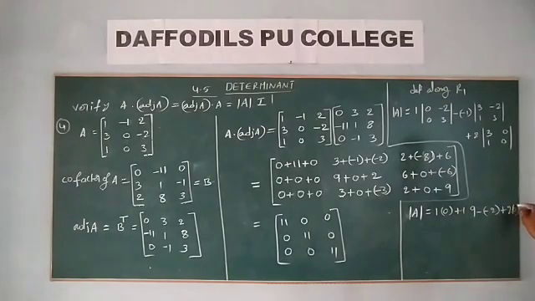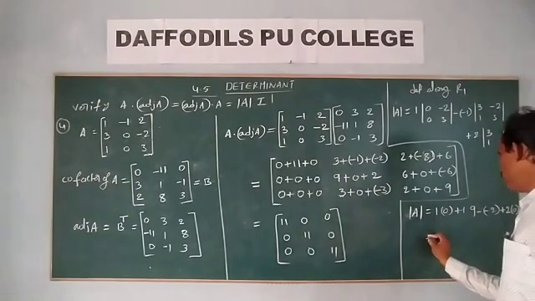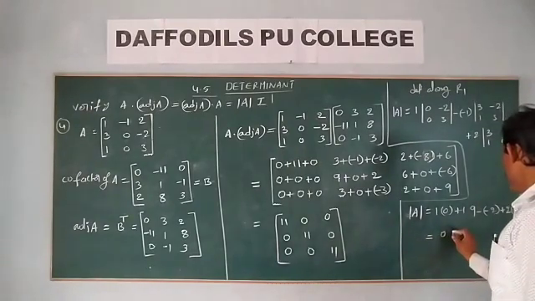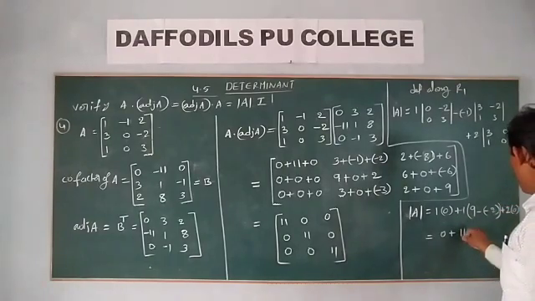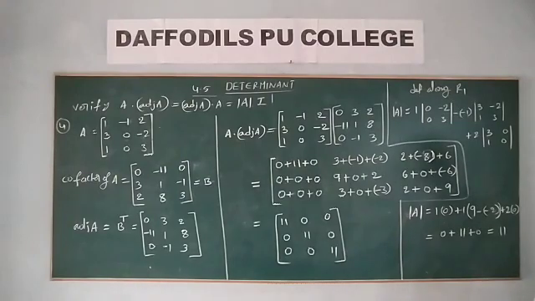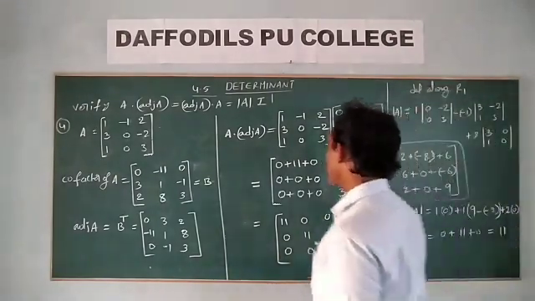Therefore 2 of 0. So 0 minus plus 11 plus 0. Finally, the determinant value is 11.